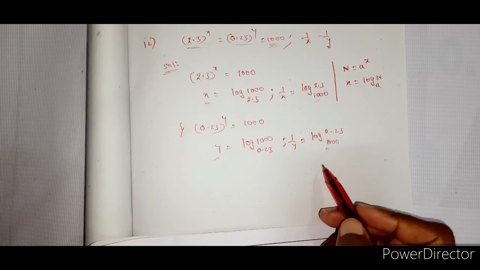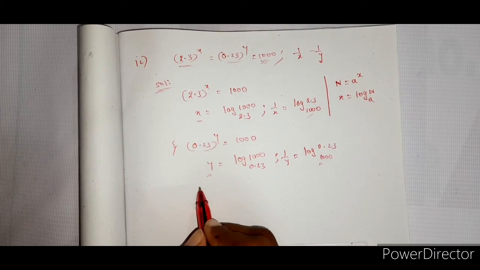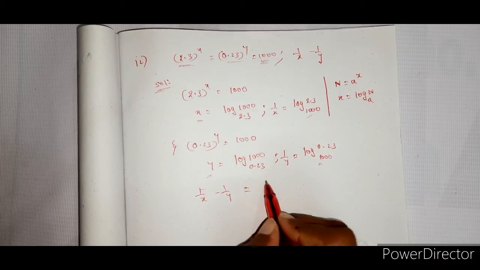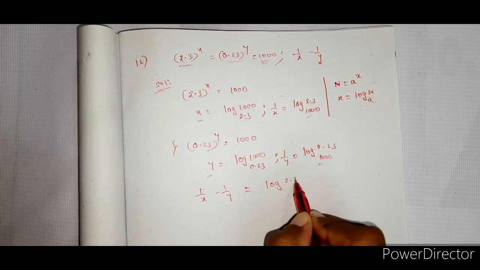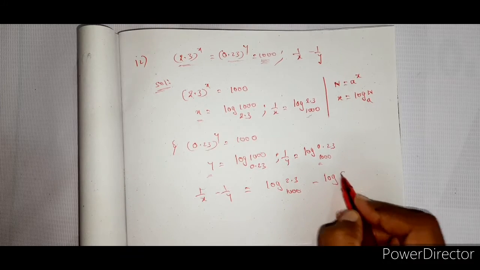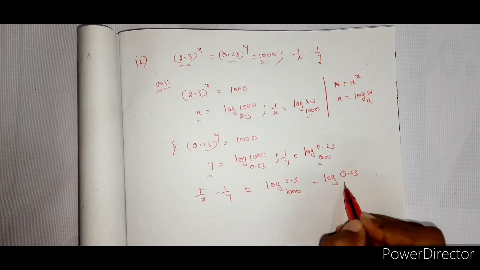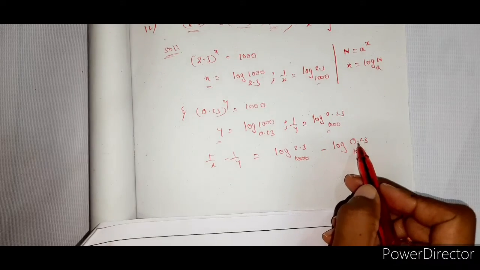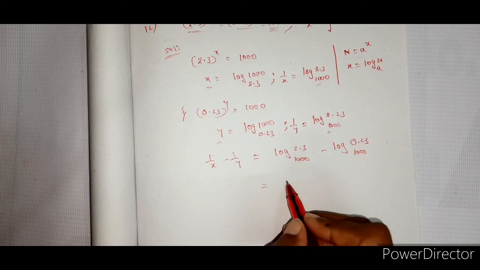Now what we have to do is 1 by x minus 1 by y is equal to, what is 1 by x? Log 2.3 base 1000 minus log 0.23 base 1000. So log a minus log b is equal to log of a by b.